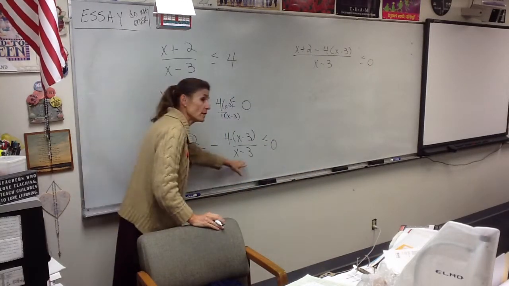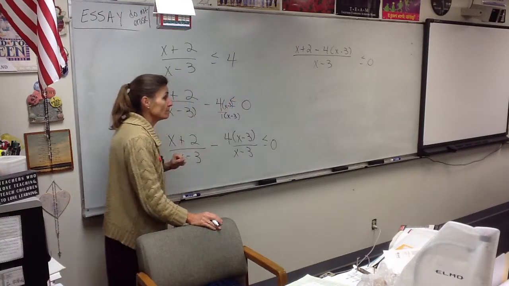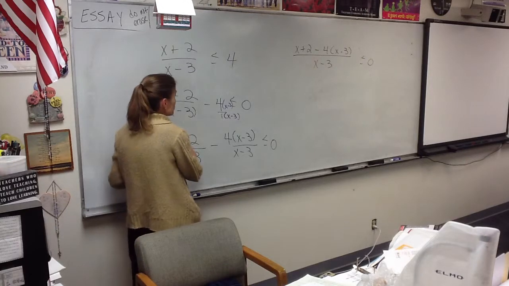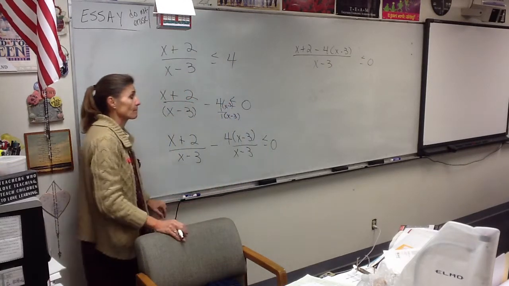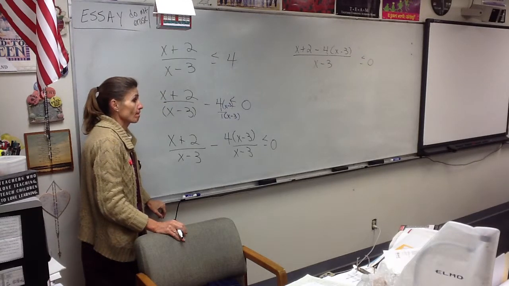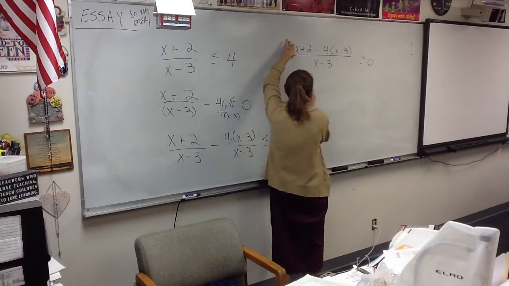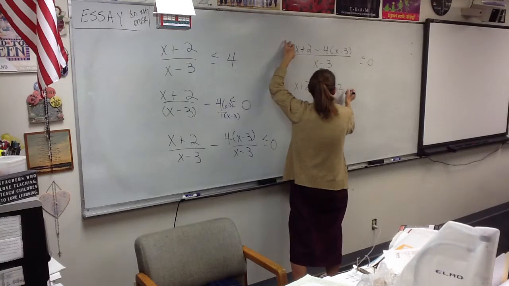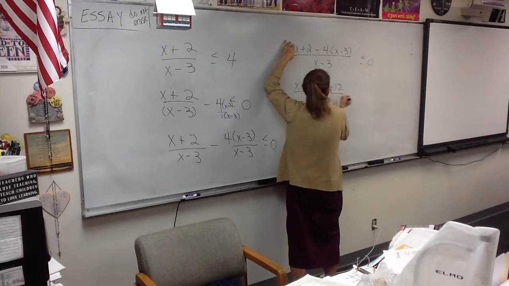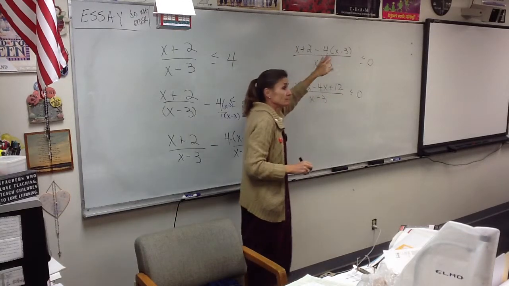See how they're both over x minus 3. So I can write them as one fraction. So I have my x plus 2 minus my 4 times x minus 3. Now guess what I'm going to do up here? I went ahead and did my distributive.